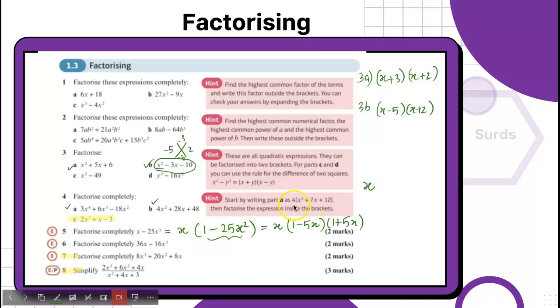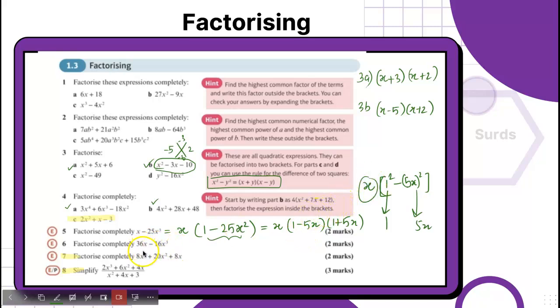So we can rewrite this bracket as 1 squared minus 5x squared, right? Can we not? Definitely we can. So this is what? Difference of squares. When you have difference of squares, what do we follow? We take the bases plus and minus. So this is what I did. So we were having bases 1 and 5x. So 1 plus 5x, 1 minus 5x with an x there.